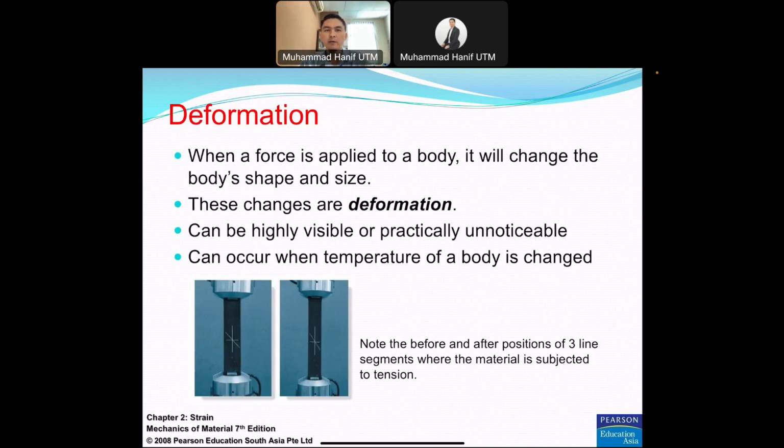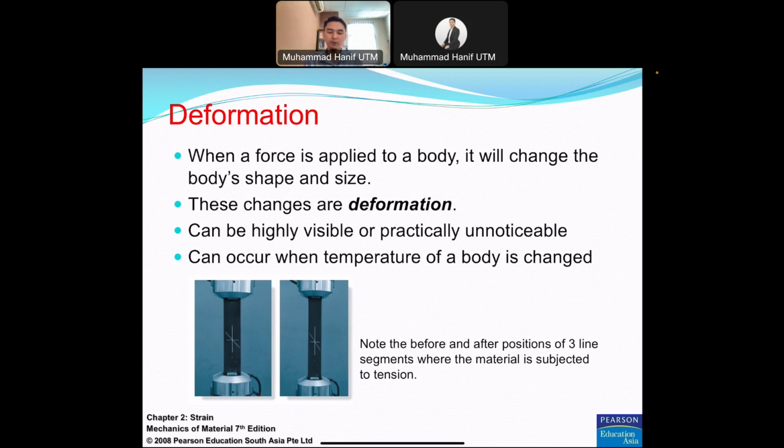When an external force is applied to the rigid body, it will somehow be deformed into a deformable body. Once the body is deformed, we can calculate the deformation. So what is deformation?